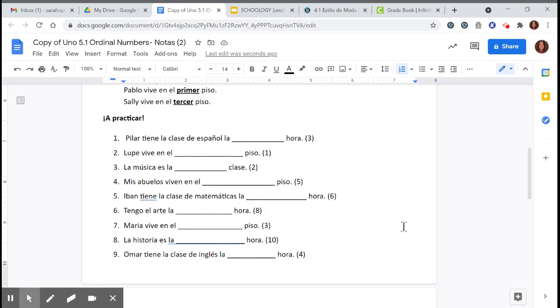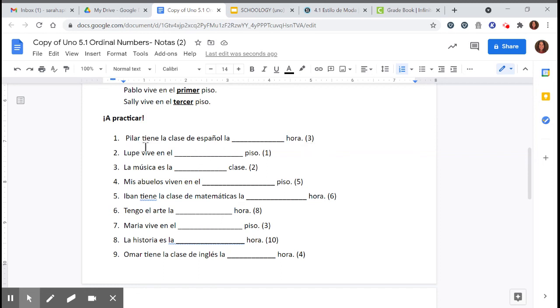So here are some practice sentences. I'm going to ask that you just work on these on your own, and then on Schoology, the answers will be there for you to check. So let's go through the first one together, and then I ask that you go through these answers and check your answers on the slideshow presentation on Schoology. For uno, it says, Pilar tiene la clase de español la blank hora. And we see a 3 in parentheses.